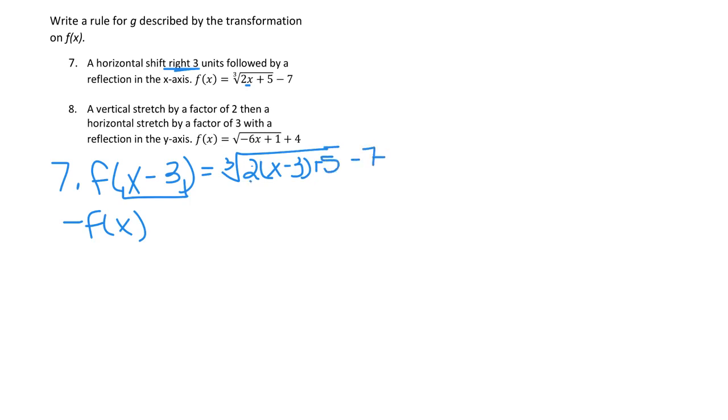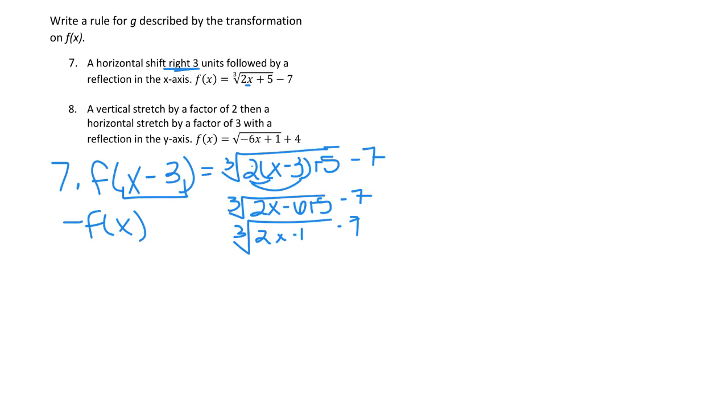And then we distribute the 2, so the cube root of 2x minus 6 plus 5 minus 7, which is then the cube root of 2x minus 1 minus 7.